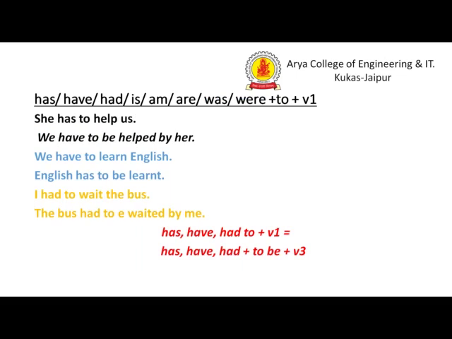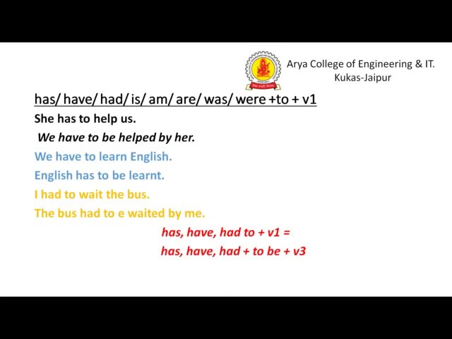Now you can see has, have, had, is, am, are, was, were, to plus verb's first form. These are all the criteria we have to maintain, and these are all the forms we have to use when we are converting active to passive voice.